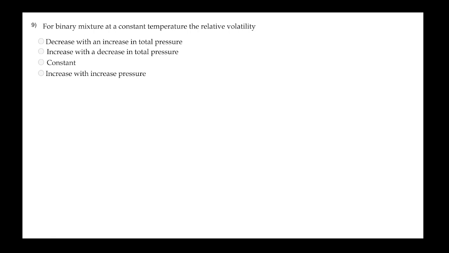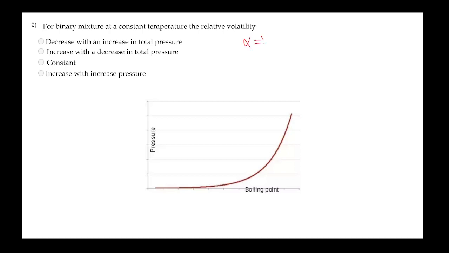Moving forward, for a binary mixture at a constant temperature, the relative volatility dash. For that, as I mentioned, relative volatility is the ratio of PA sat and PB sat, which are the saturation pressures at boiling point.